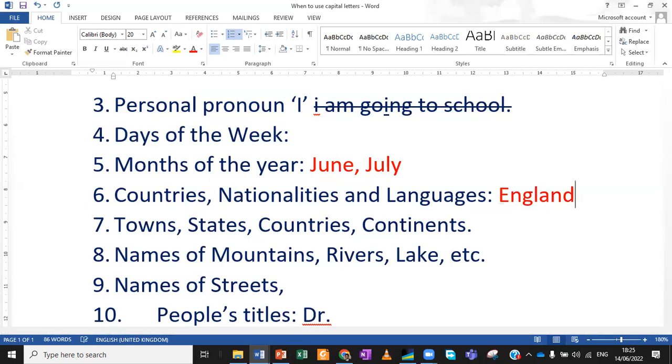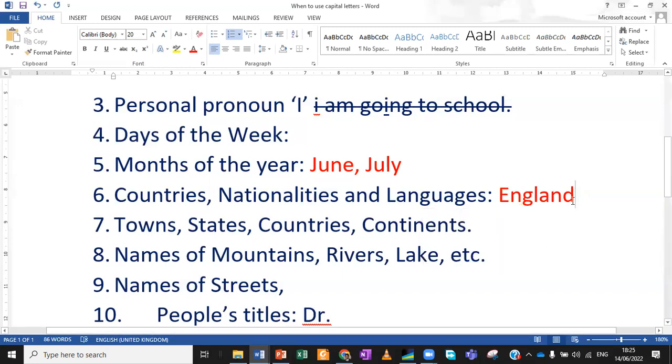But if I just say go, and tap space bar, you can see it's not changing. But when you say england, it's showing you red because it's wrong. You see the correction here, England, capital letter E.